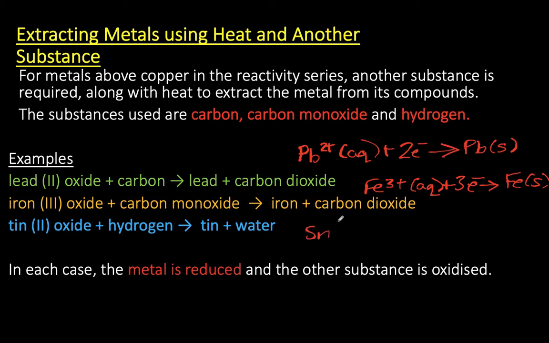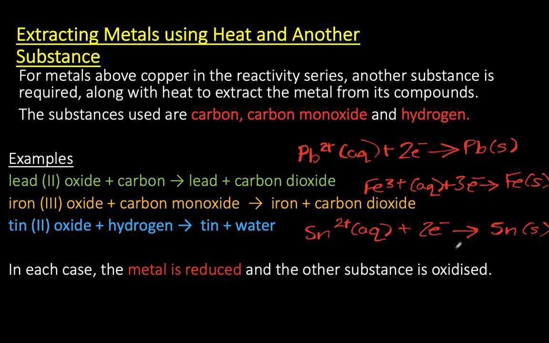And third and final, tin ions gain electrons to form tin atoms. So in each case, as I've just demonstrated, your metal is reduced.